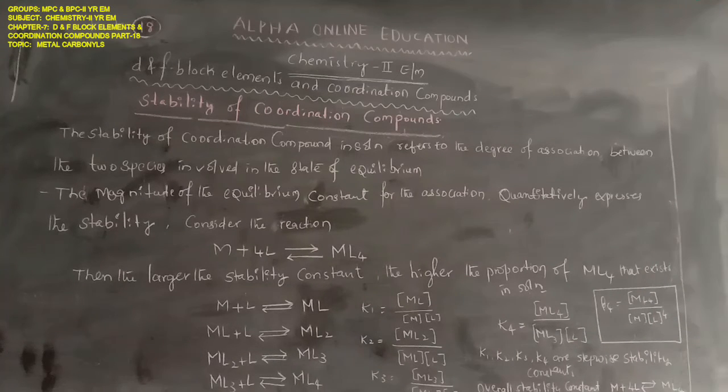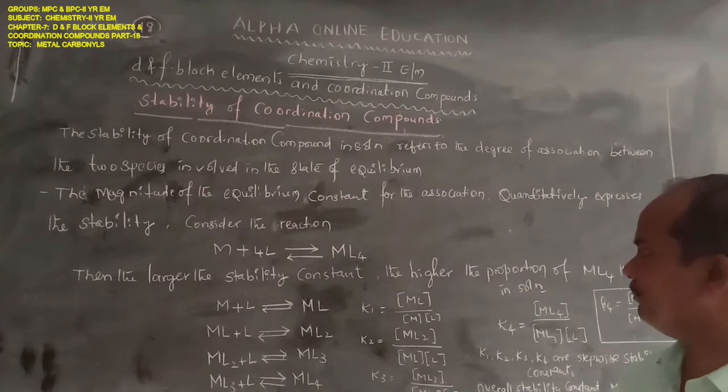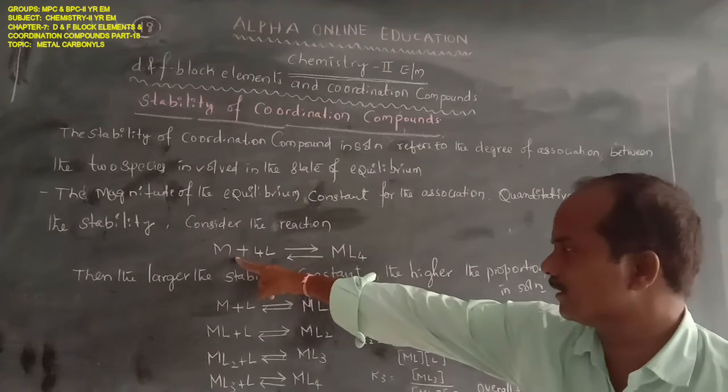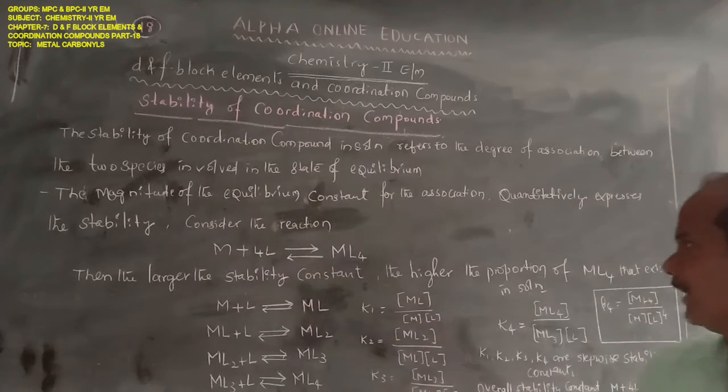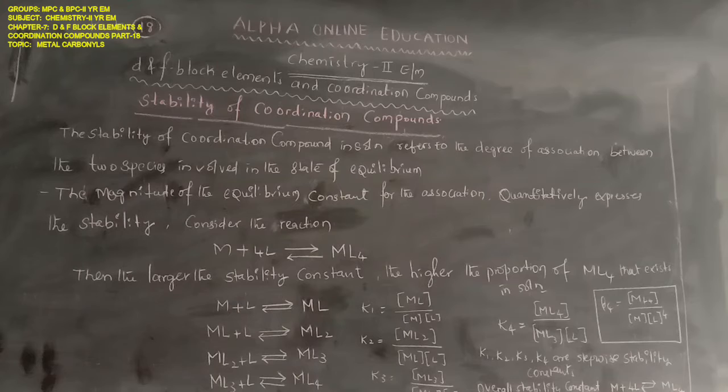Alternatively, we can write the overall stability constant. How? Simply they can be combined. A metal with 4 ligands forms ML4. The overall stability constant is represented as beta.